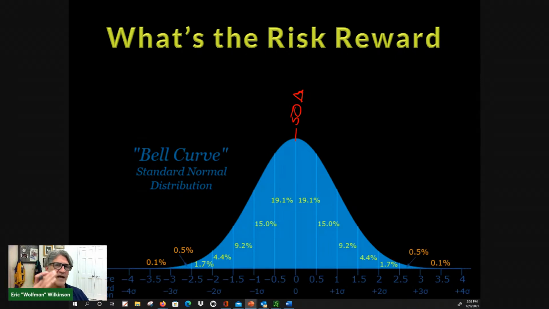And when we're looking over in the option montage, we're looking at deltas. Well, deltas are just probabilities on a bell curve, okay? That's really what it is. And the bell curve is both on the calls and on the put side, really. But if we wanted to make it look like one side or the other, we'll say this side is the put side. We'll say this is the puts and this is the calls, all right?